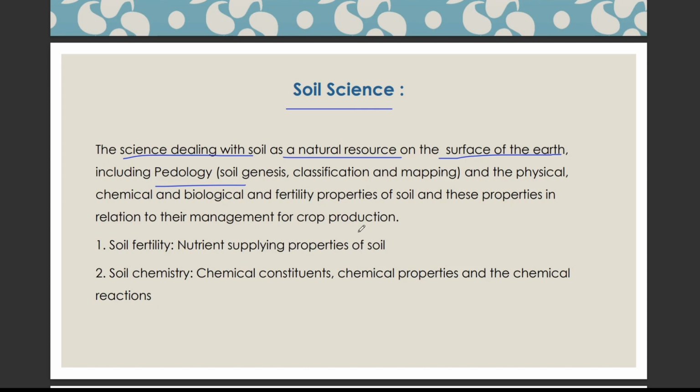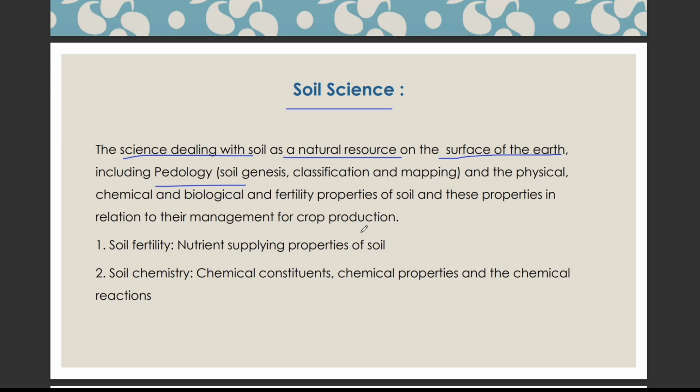If fertility is good enough, then the productivity of the soil will be good also. Maybe not always, but it will help provide importance in the productivity. So these things will be learned in this subject.